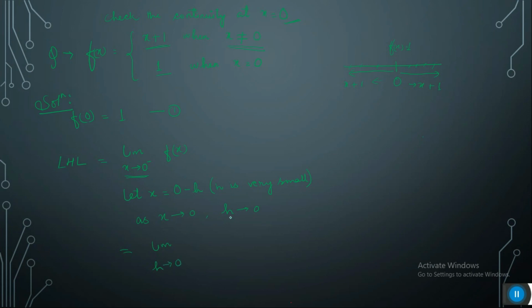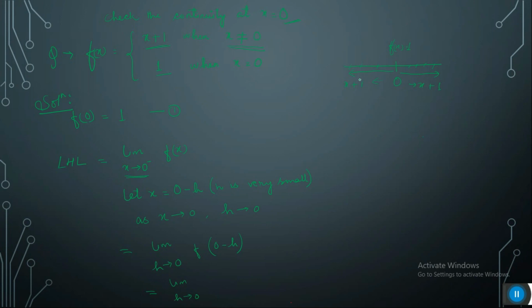Now I'm making everything in terms of h. What is our x here? x is 0 minus h, just to show that I'm coming from the left hand side. Now you put your function. Limit h tending to 0, f of 0 minus h. From the left hand side, our function is x plus 1.